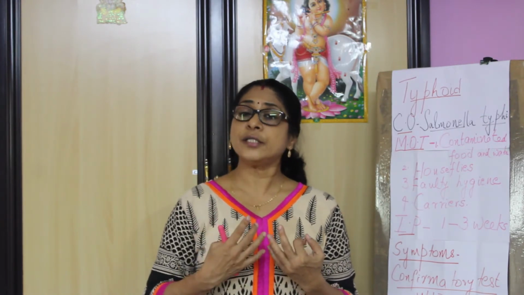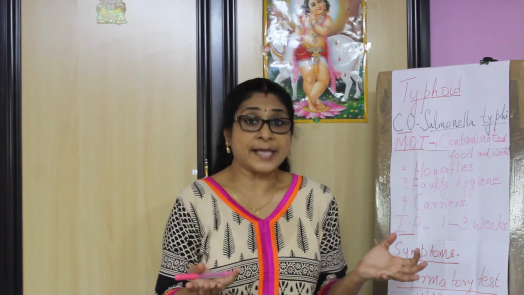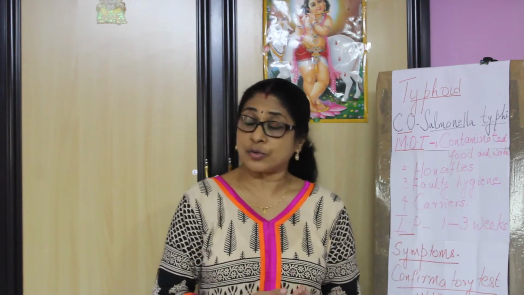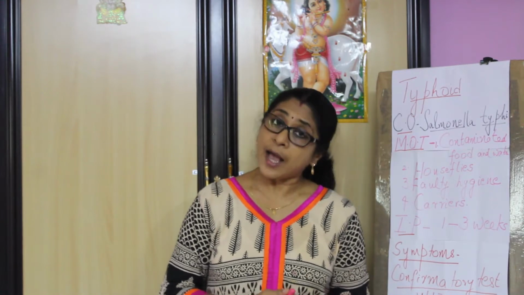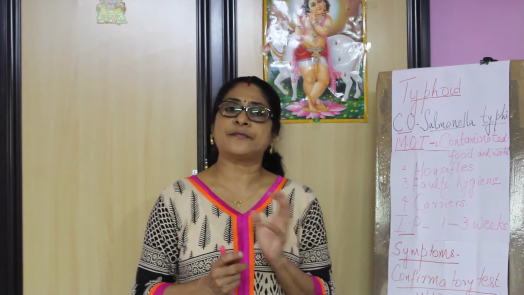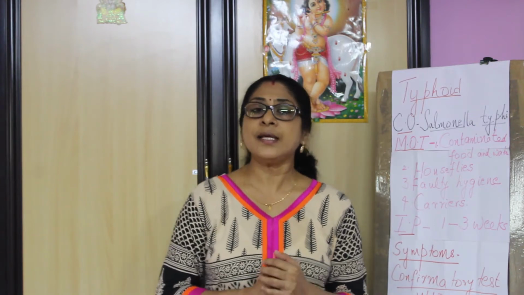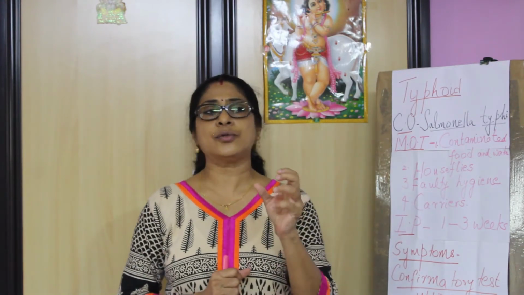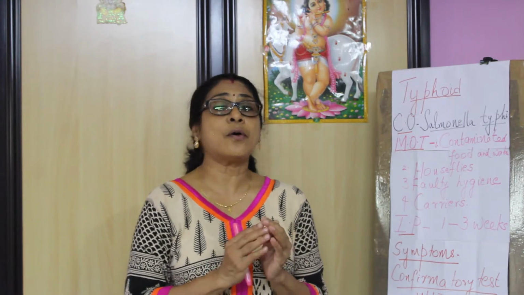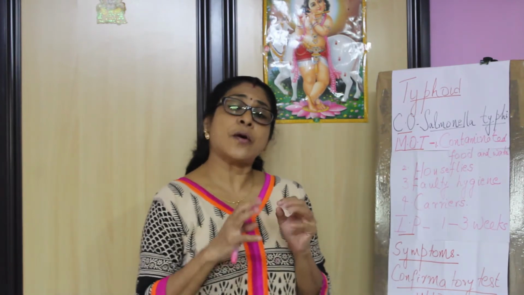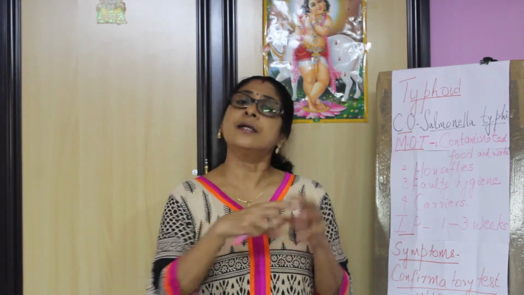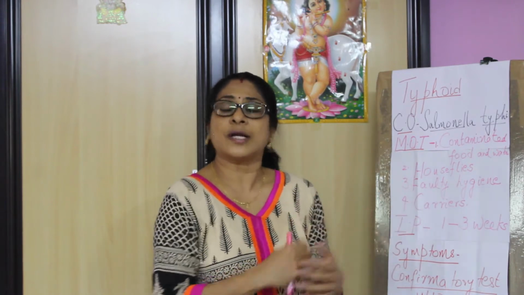Then the third method is to avoid eating food which is exposed to cockroaches as well as houseflies. Sometimes there are possibilities of typhoid becoming a small epidemic. In such situations there are vaccines, but these vaccines provide immunity only for 3 years, and it is normally done only when there is a small epidemic in a localized area.